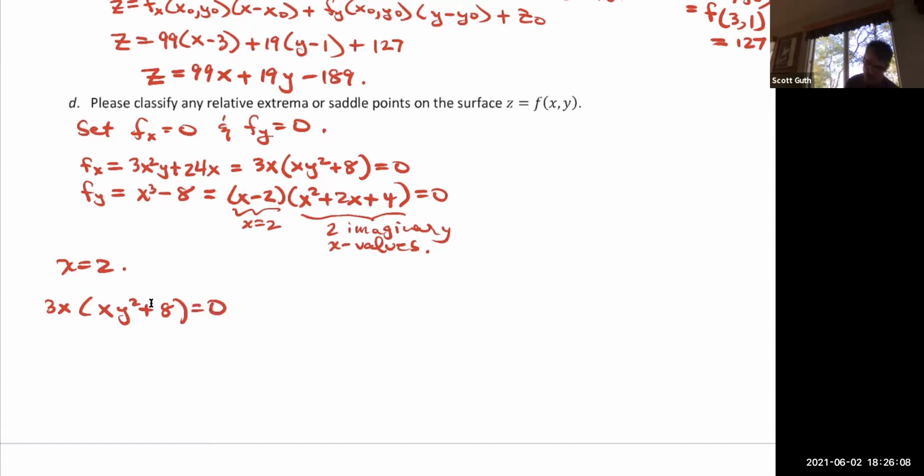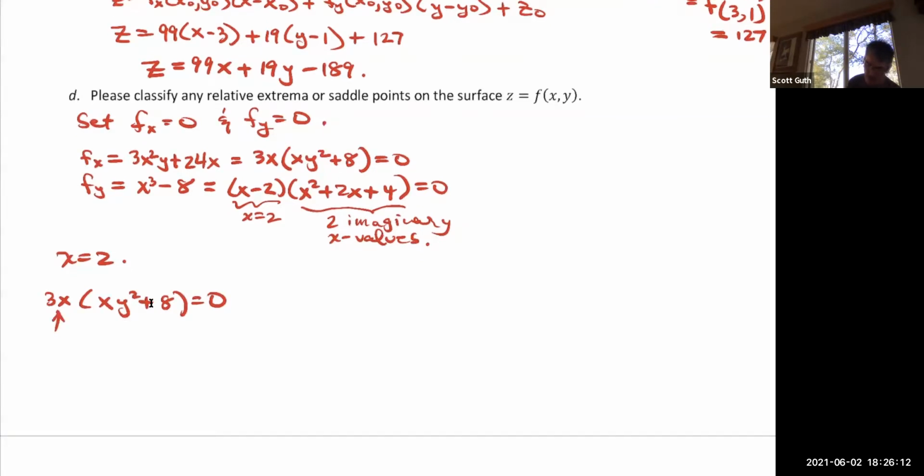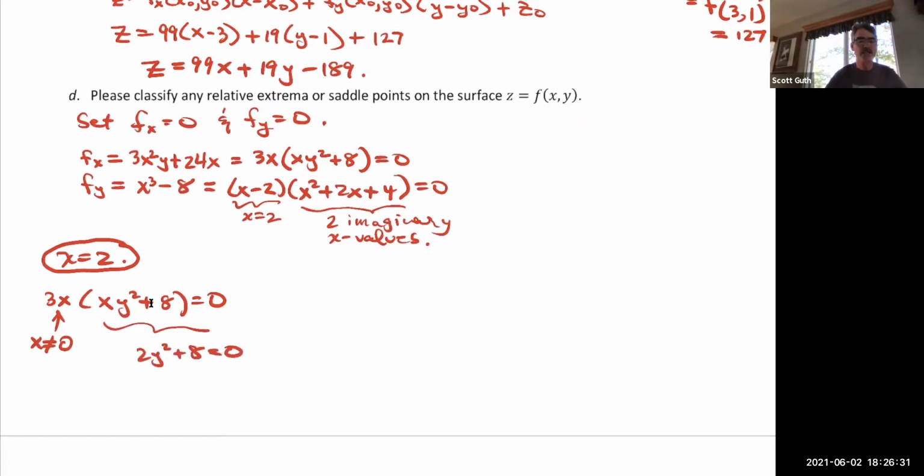And we should note that x can't be 0, even though this guy says it could be 0. x has to be 2 because of the second equation. It can't be 0. So I'm going to just note here x is not 0. And then here we can say 2y squared plus 8 is 0. I think there's a mistake somewhere. Hang on a second.